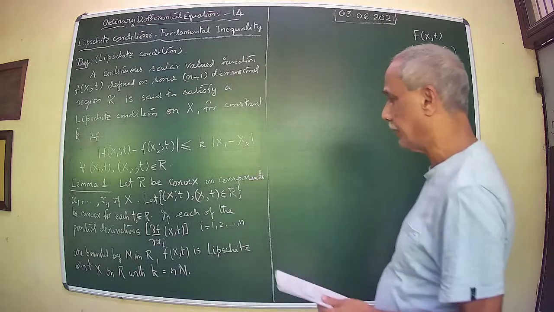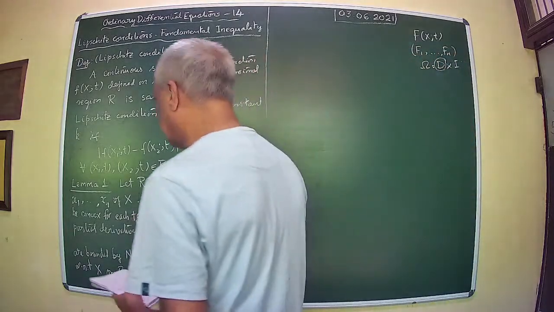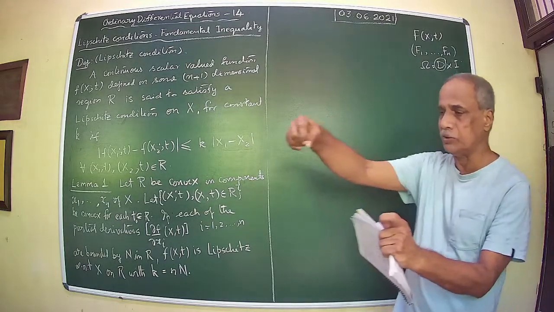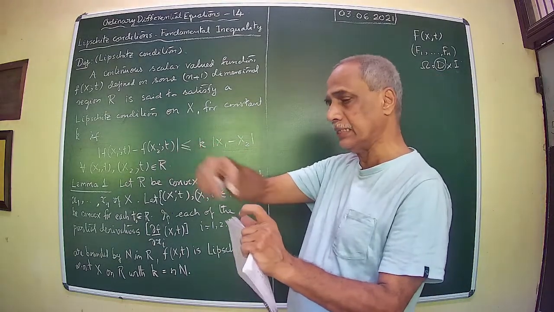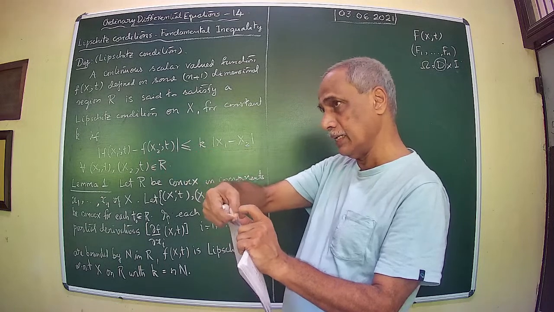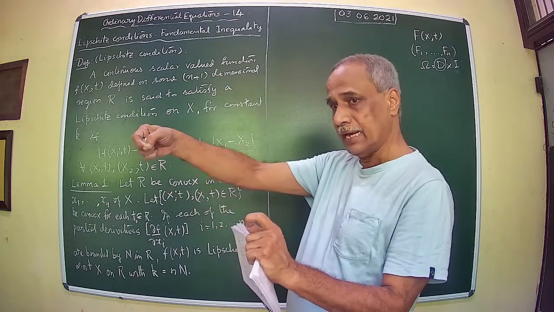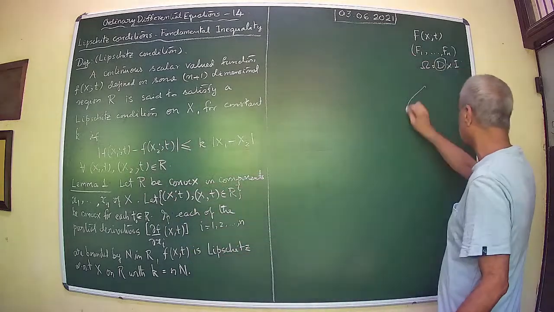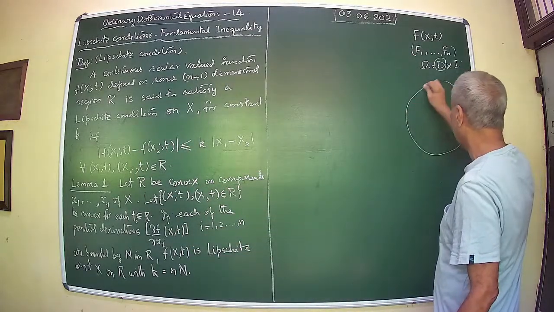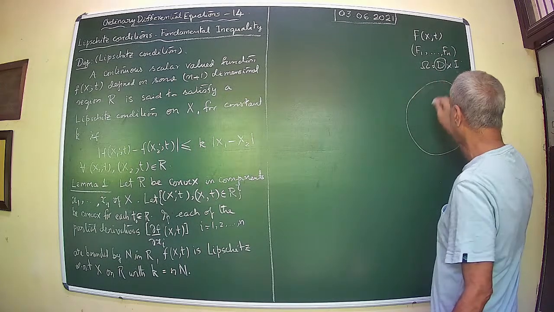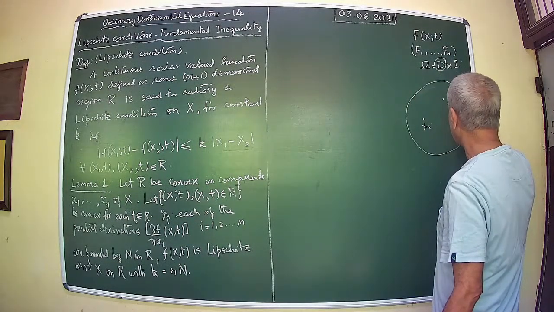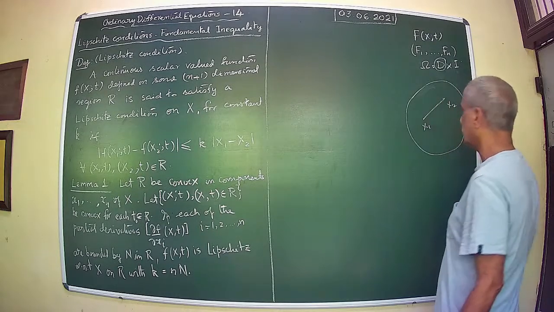So this is the first lemma. There of course we have assumed convexity. Now the convexity has the advantage that when you take two points in the space, the line segment joining the two points will lie in that region. And it is convex. You see that if you take two points, their line segment lies in it.